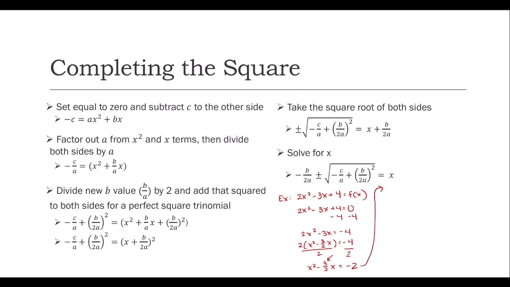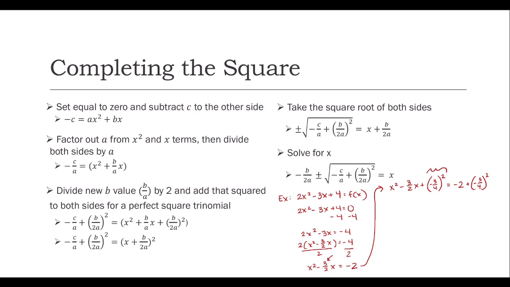So our new b value is -3/2. If we divide that by 2, we'll get -3/4. So we'll do x squared minus 3/2 x plus (-3/4) squared equals our -2 plus (-3/4) squared.